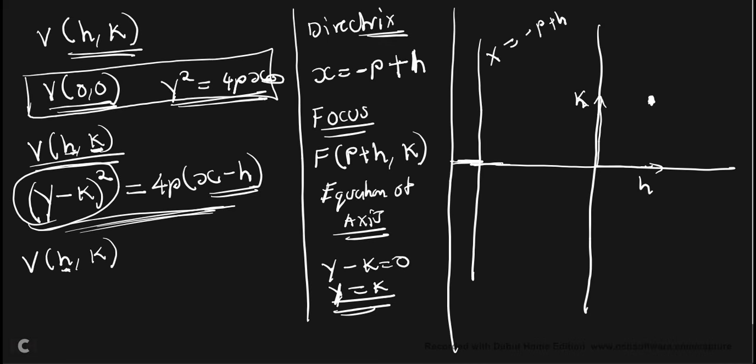After doing this, what do you do next? This is your vertex, (h, k). Then the other thing is the focus. For the focus, we move p plus h in the x-axis, so it's this side: p plus h and the point k.